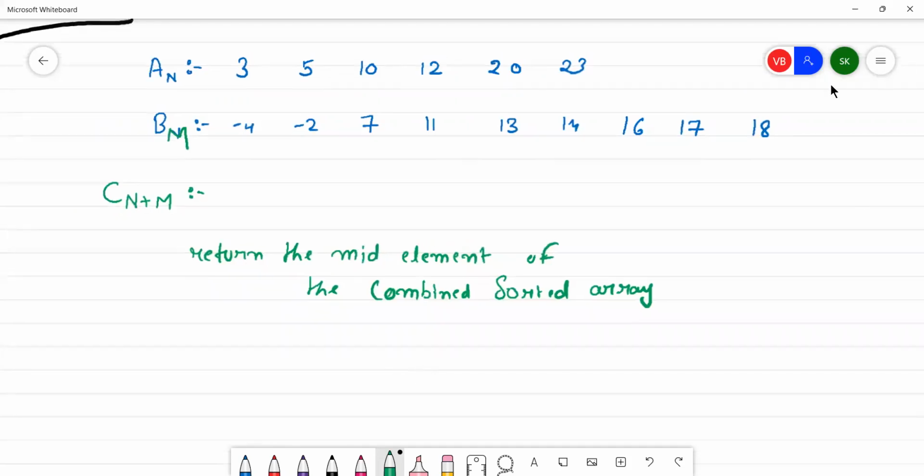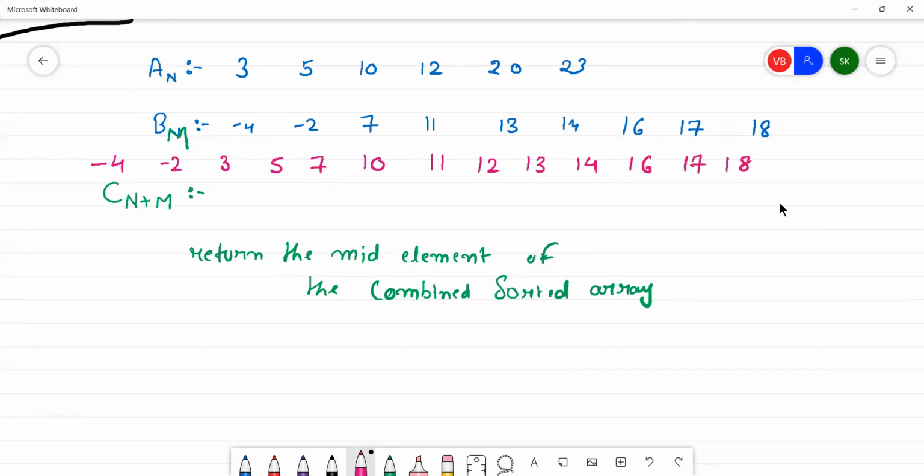Mid element in the sense, let me do that as well. If I merge both of these arrays, I will write it as -4, -2, then 3, 5, 7, 10, 11, 12, 13, 14, 16, 17, 18, 20, and 23. Correct? This will be the merged array.